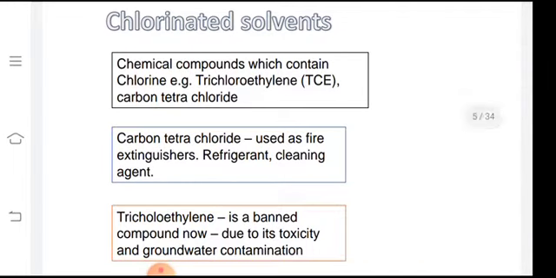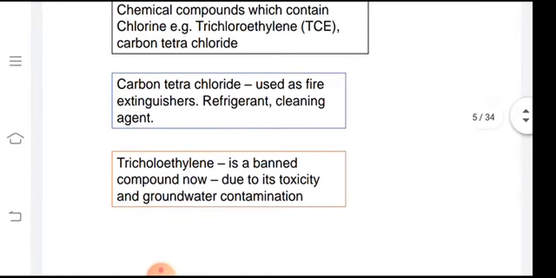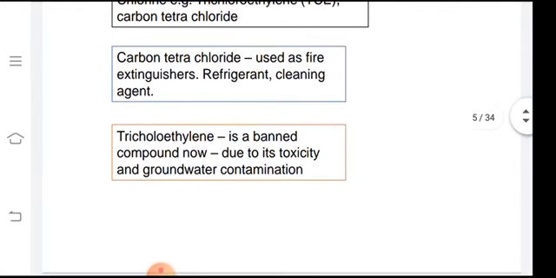Chlorinated solvents are chemical compounds which contain chlorine, such as trichloroethylene and carbon tetrachloride, which are used as fire extinguishers, refrigerants, and cleaning agents. If you remember, these compounds are persistent organic pollutants which have an inert nature.